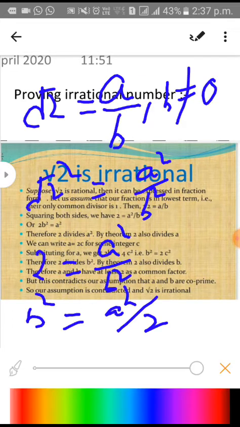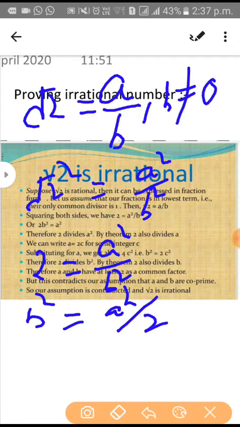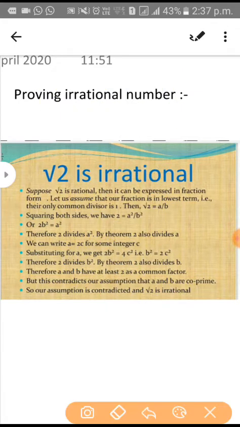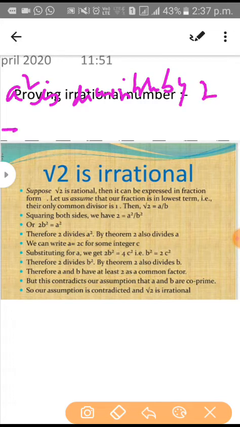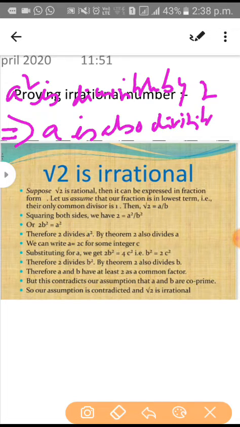So this equation gives me what? A square by 2. When a square by 2 says that a square is divisible by 2, it implies that a is also divisible by 2.